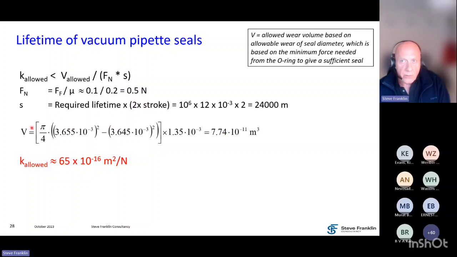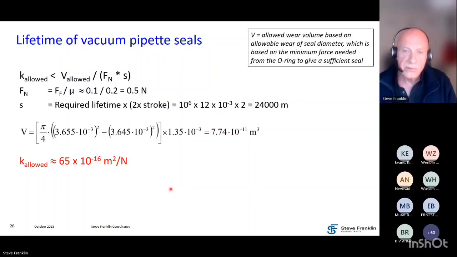So we have to convert the allowable wear of the diameter of the seal into an allowable wear volume, and we do that.